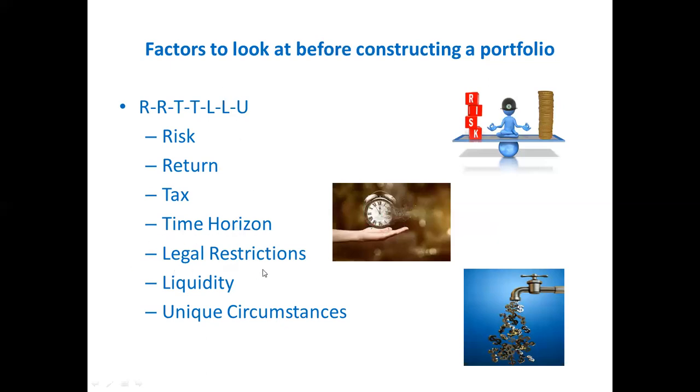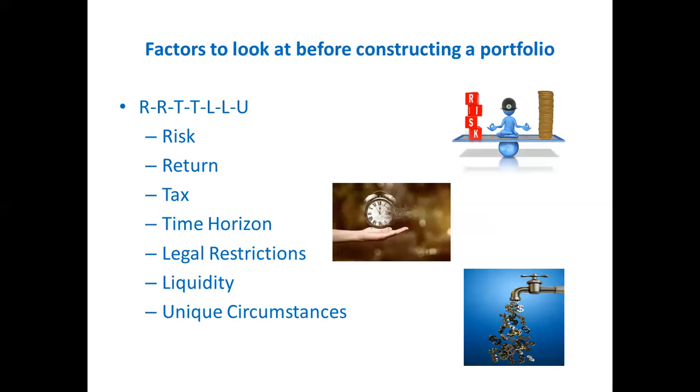Similarly, you would check if there are any legal restrictions, if you have to invest in a certain geography. Maybe if I live in the developed world and I want to invest in emerging markets, I would look at what legal restrictions are in those geographies. Similarly, liquidity. If I invest in real estate, let's say I purchase a building, it would be very difficult for me to sell that building, right?